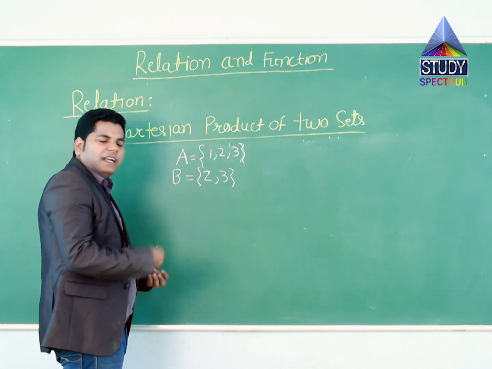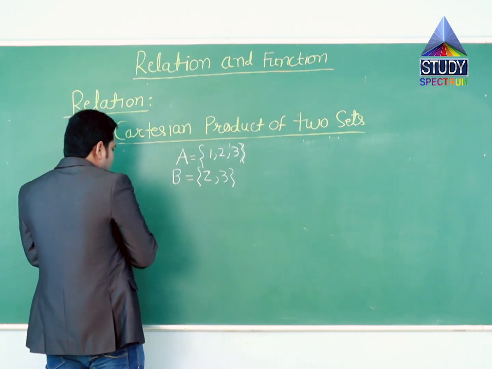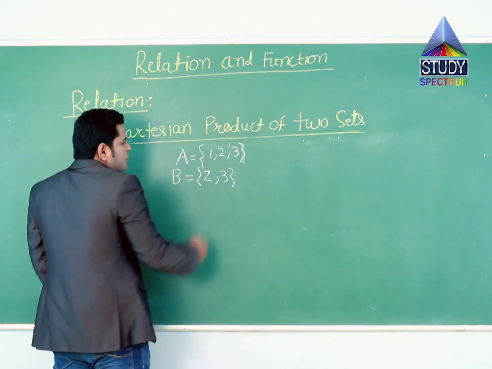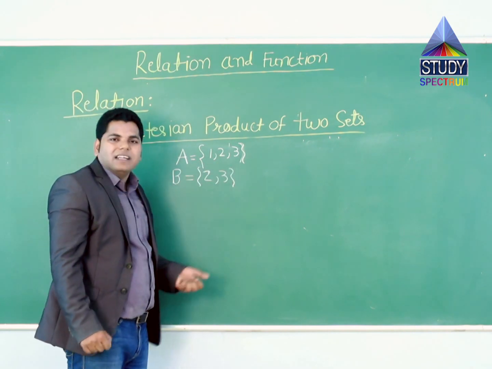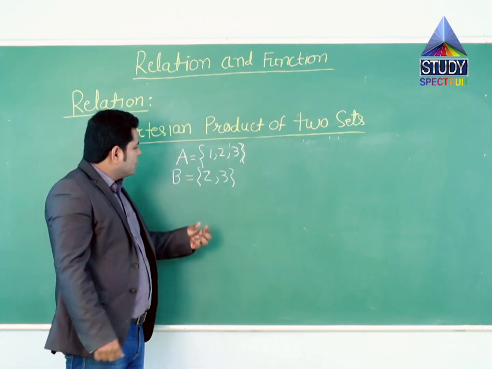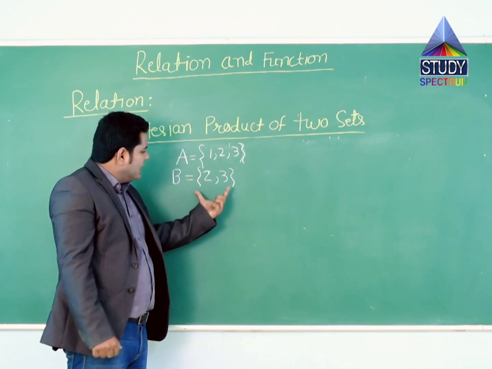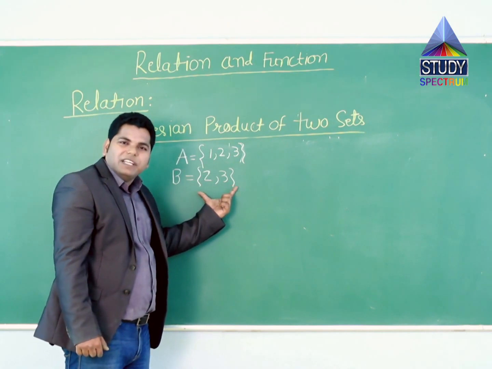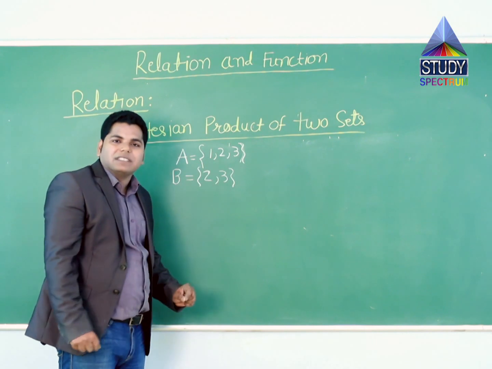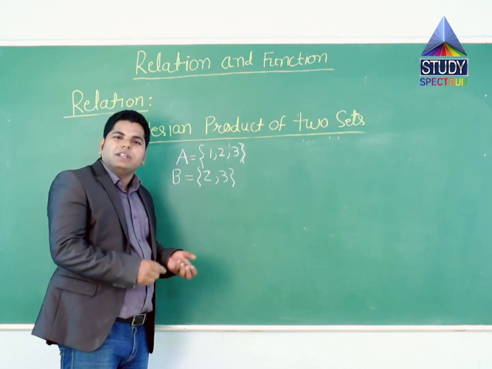Then we have to find A cross B. If you observe, both sets are non-empty because they have some elements in curly brackets.